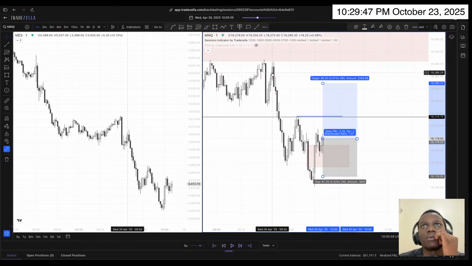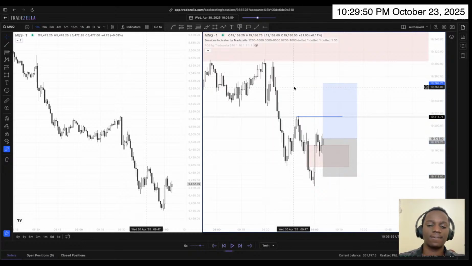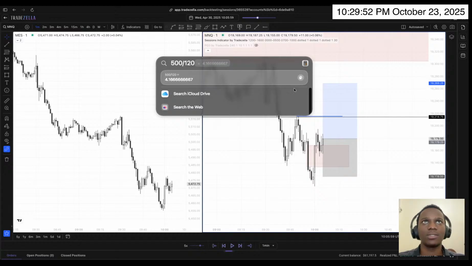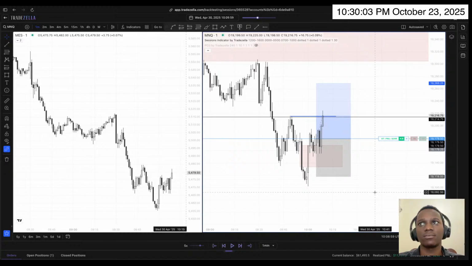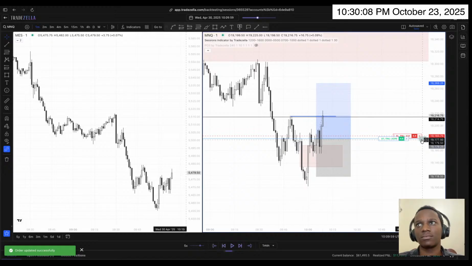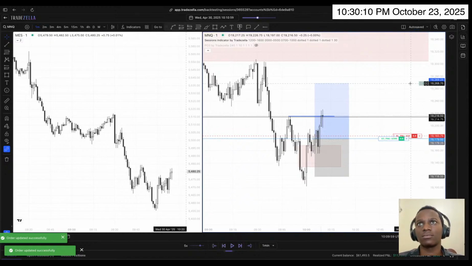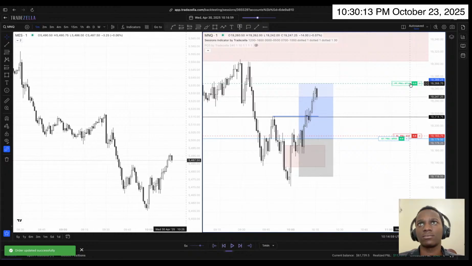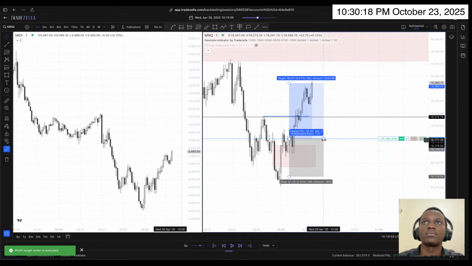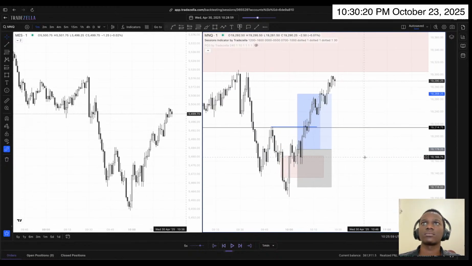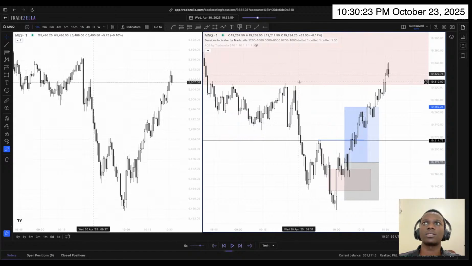This sort of block probably at 60, 500 over 124. Yay! They're taking out those highs.